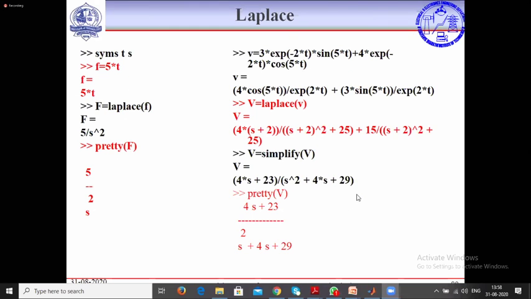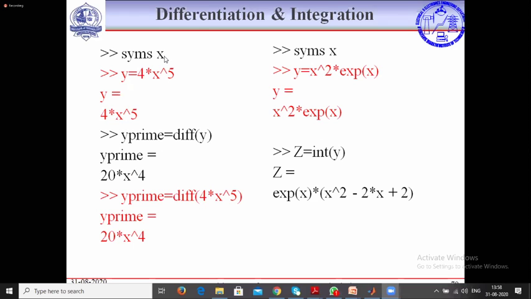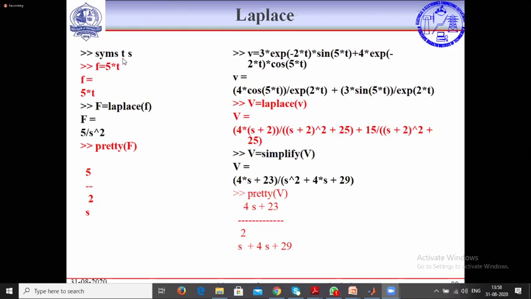Similarly, there is Laplace. For differentiation you just write syms x. For Laplace, you have to write syms t s, which means time domain to s domain.